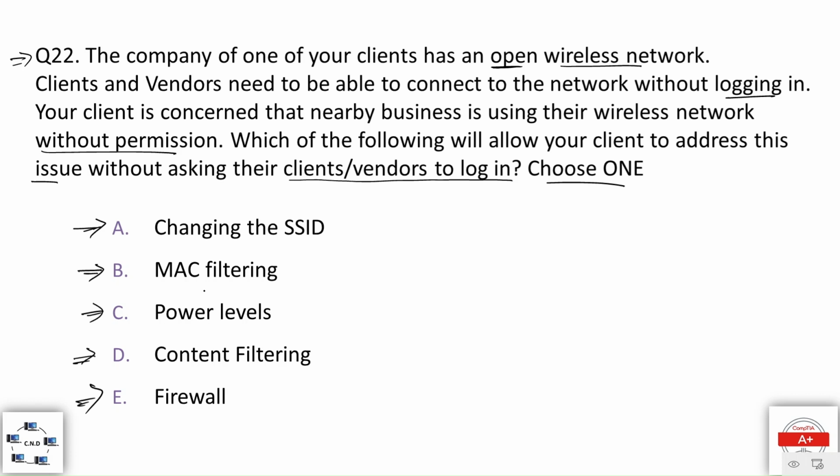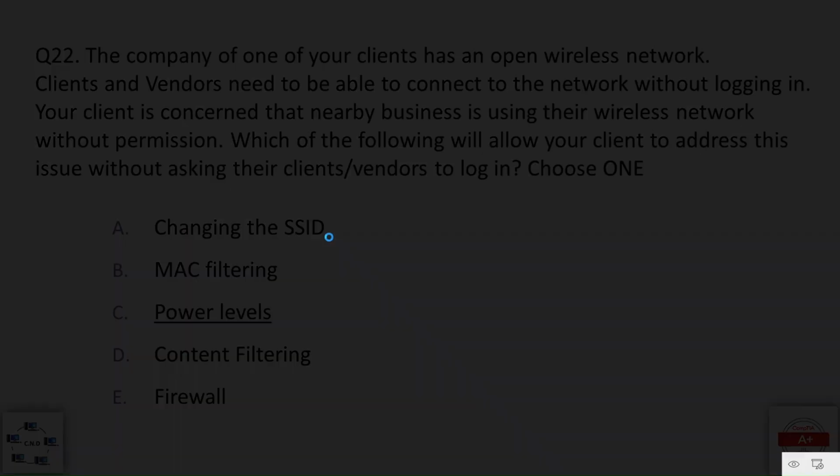And the correct option is, we are talking about how the client and vendor should be able to use the network without logging in, but the neighbors should not be able to use the Wi-Fi network. And we can do this with the power level. If we decrease the power level, the wireless network would not be available to the nearby neighbors, but will be available inside the company-owned facility.